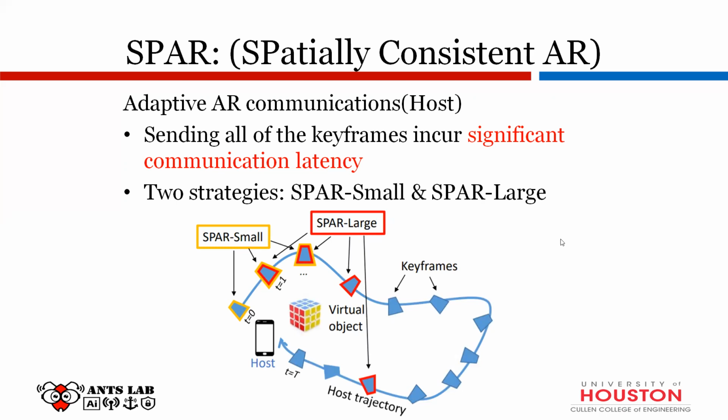How the SPAR small strategy works is that they choose the keyframes that are close to the time when the virtual object is created. So for example, if a cube is created at t equals 0 at this point, they will send those that are close in time: t equals 0, t equals 1, t equals 2.